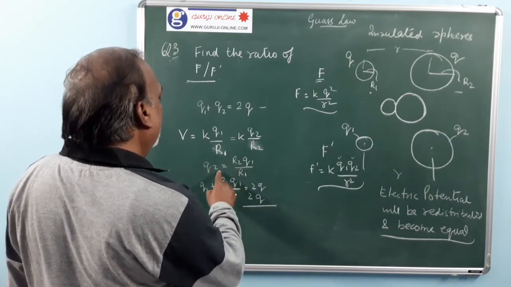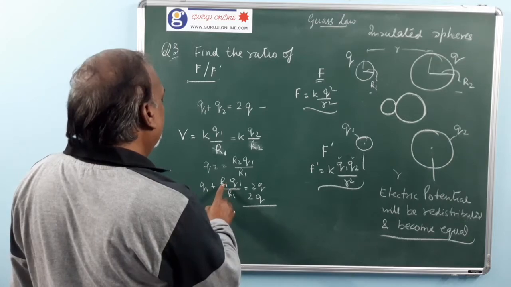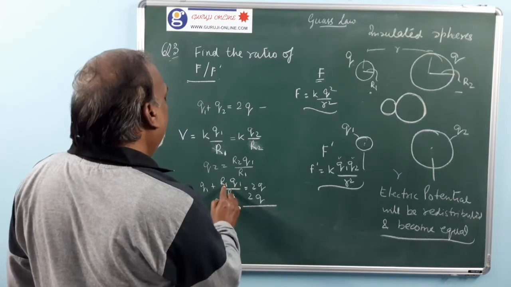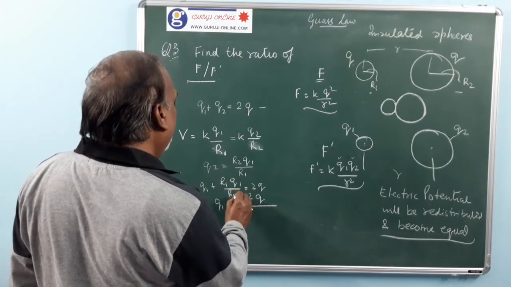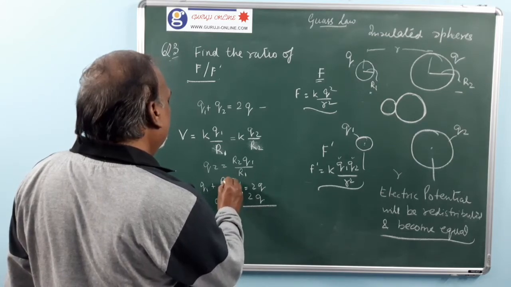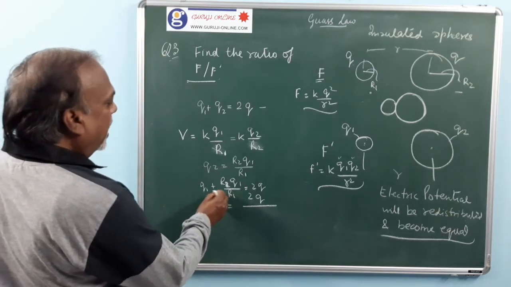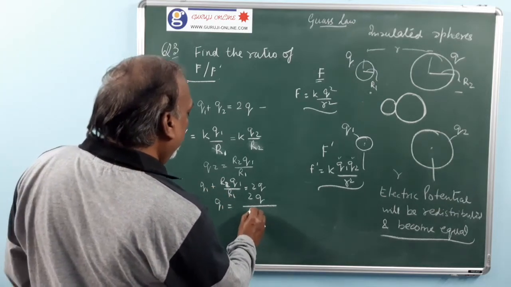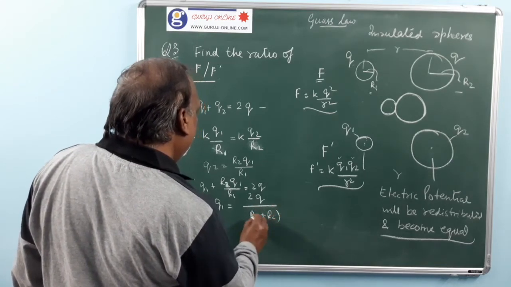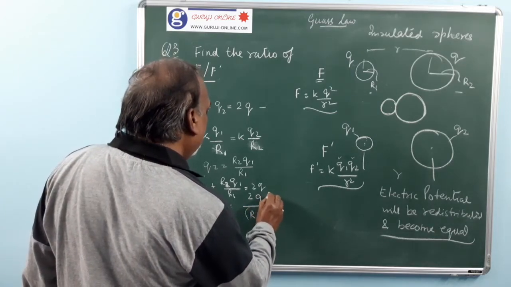Q1 plus Q2 is Q1 plus R2 Q1 upon R1. So this will become R1 plus R2 upon R1 in the denominator, so Q1 will come as 2Q R1 upon R1 plus R2.